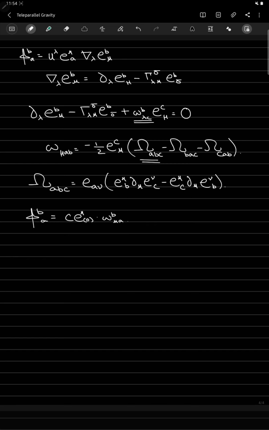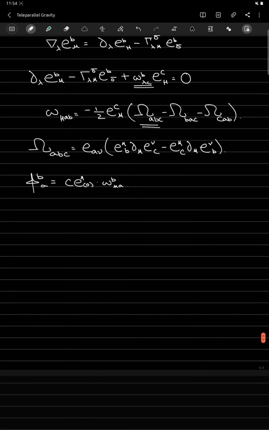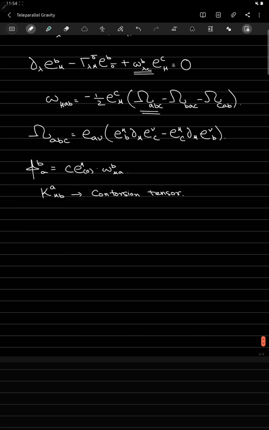Okay, good. Now here I am going to define a tensor which is actually known as the contortion tensor, k a mu b. So this tensor is called the contortion tensor, and I'm going to define it using this omega a mu b, such that this thing is equal to minus k a mu b.